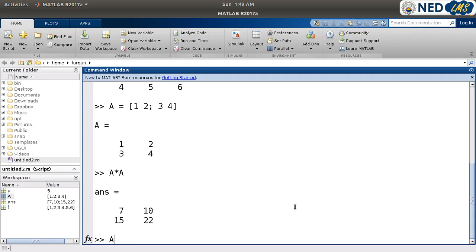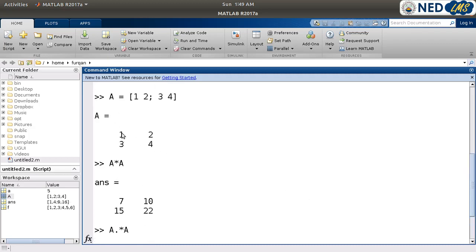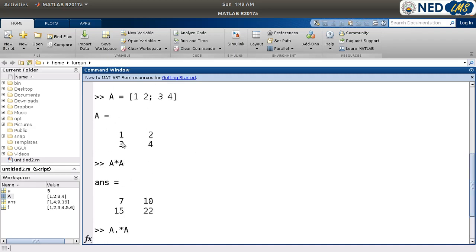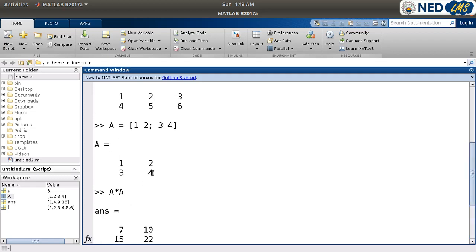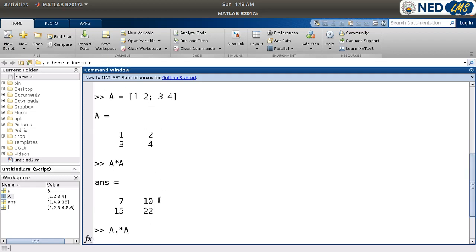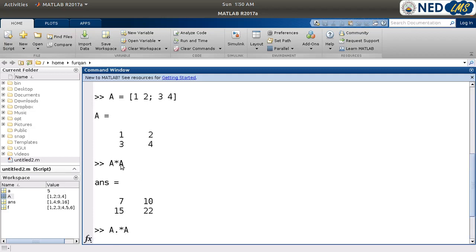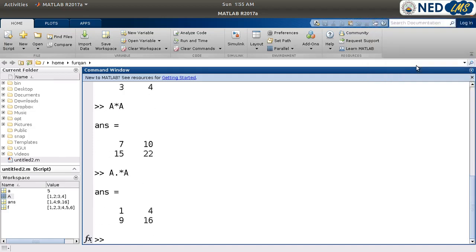But if I write A .* A, it will multiply the elements of matrix A with their own elements. So 1 into 1 will become 1, 2 into 2 will become 4, 3 into 3 will become 9, and 4 into 4 will become 16. So the dot asterisk operator is used for elementwise multiplication, and the asterisk operator is used for matrix multiplication.